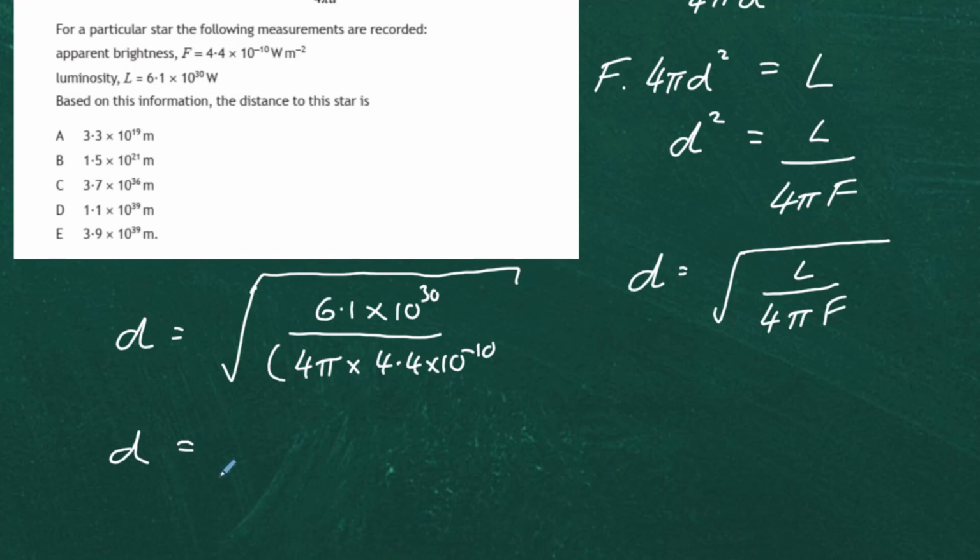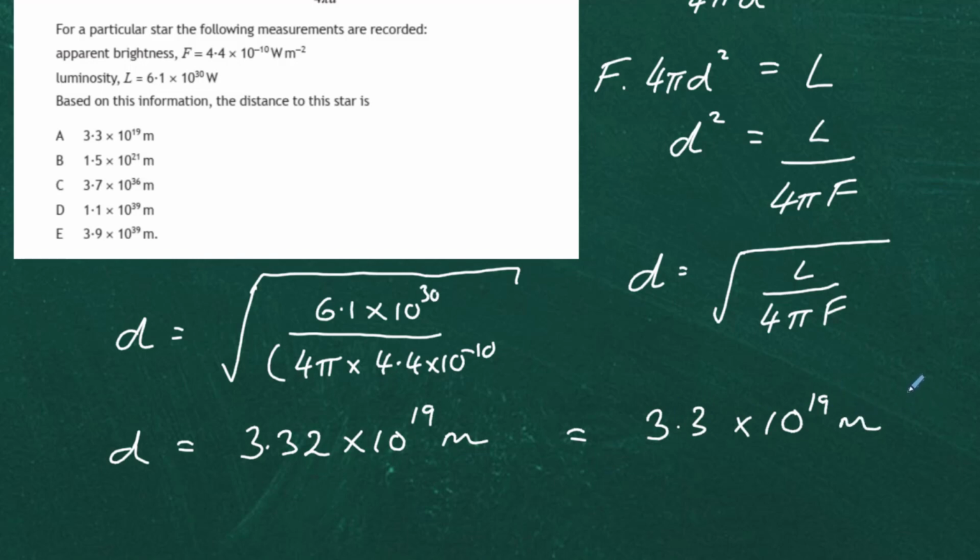You should be able to do that in your calculator, and we end up with a value of d equal to 3.32 times 10 to the power 19, and distance is measured in meters. If we write that to two significant figures, we get 3.3 times 10 to the power 19 meters, and that's going to give us answer A. 3.3 times 10 to the power 19 meters, so it's going to be A for our final answer for section 1.